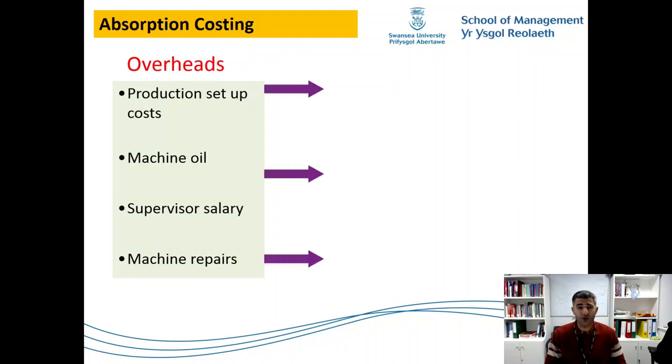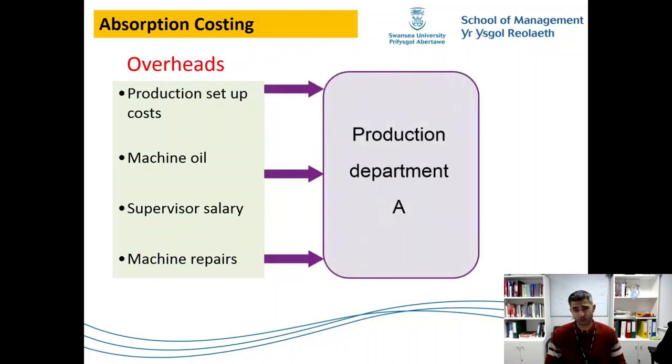For these overheads, we absorb them in one department, for example department A, and we find only one OAR for them, for example using machine hours. So we use machine hours in order to absorb them into units. Can you see? We only use one OAR.